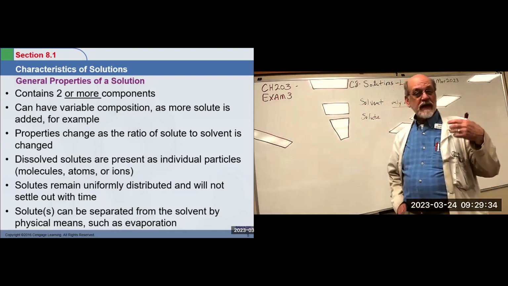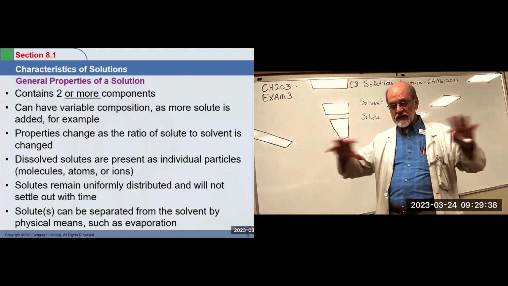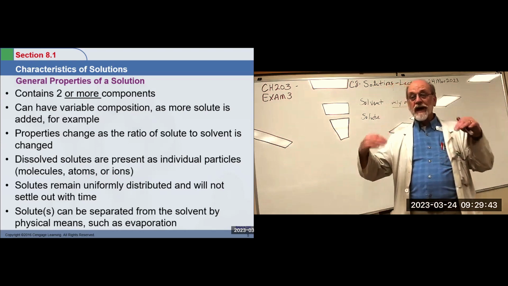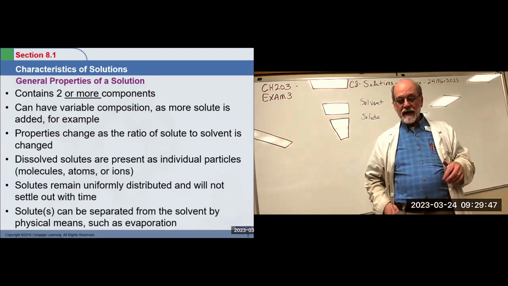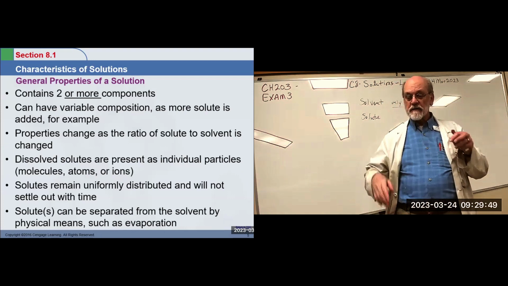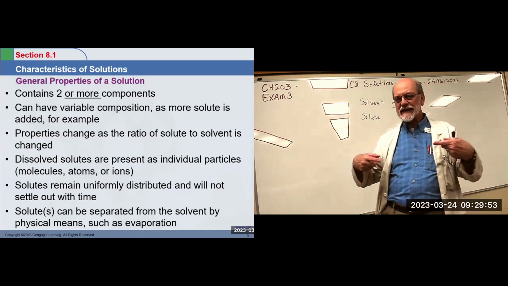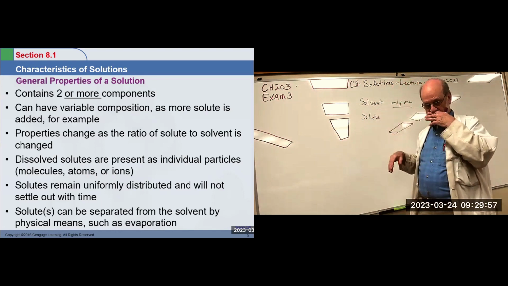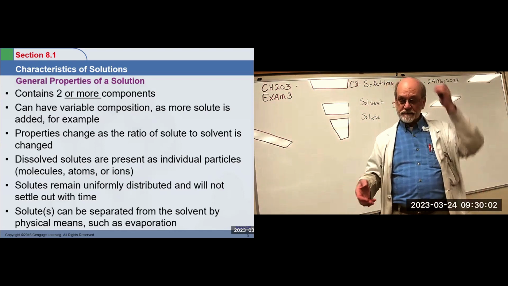The solutes remain, by definition, uniformly, homogeneously distributed in the solution, and they will not settle. And because there's no chemical change that's taken place, no change in identity of either the solutes or the solvent, they can be separated from one another by physical means.